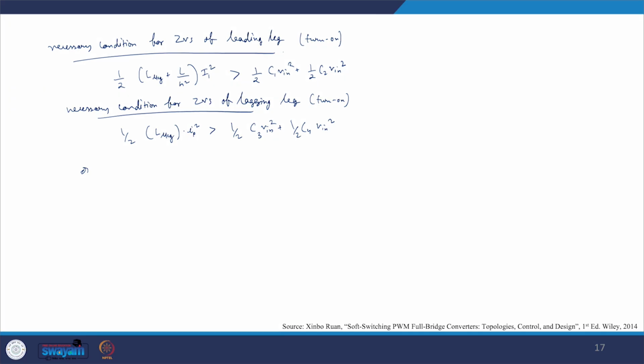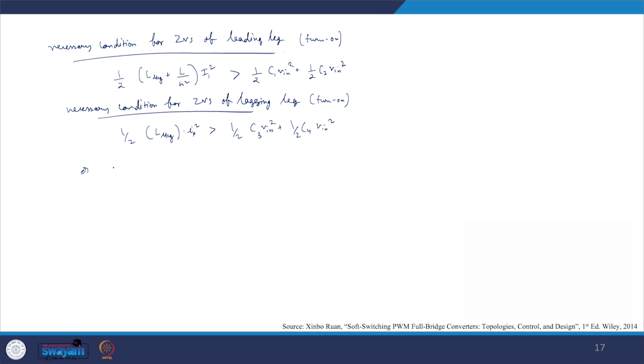So out of the leading and lagging leg, the leading leg switches achieve ZVS turn on easily as the L value is large enough and the IL current is the reflected load current. However, for the lagging leg switches, since only L leakage is coming into the picture, the IP has to be sufficiently large, which becomes difficult during light load conditions. So that is why it has the problem.